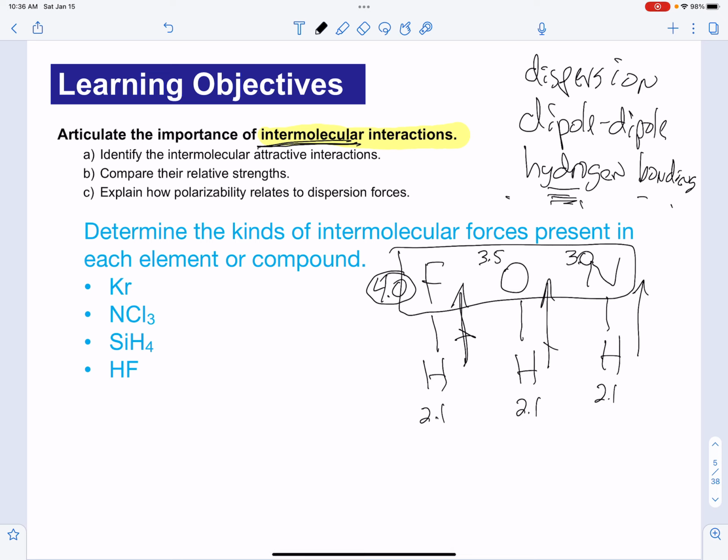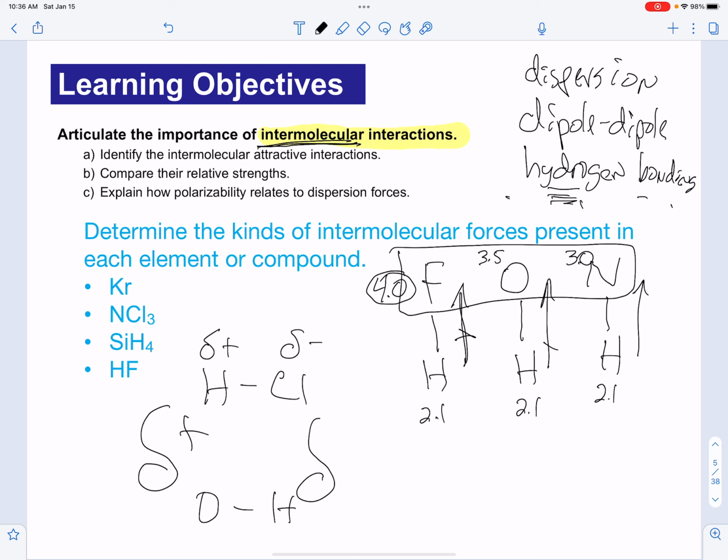So if I showed you HCl like this, imagine OH to be like this. So it's very, very strong. It's a super dipole, let's put it that way.